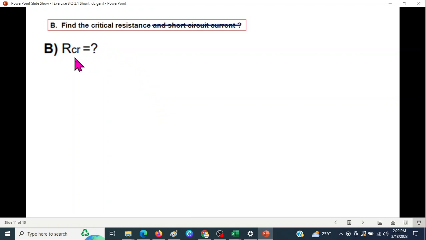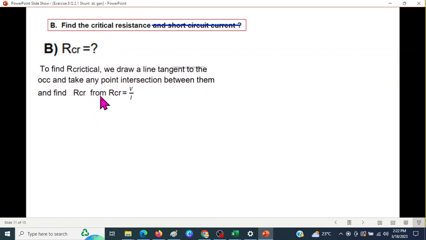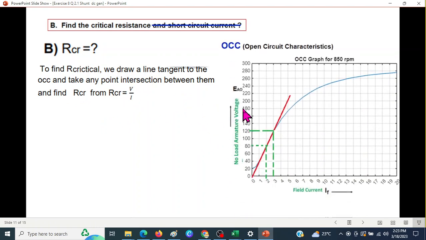Now the first part is to find the critical resistance. The easiest way to find the critical resistance is that we draw a tangent line to the OCC and take any point of intersection between them. Like here, if this was the OCC, we just draw a tangent line and we take any point.